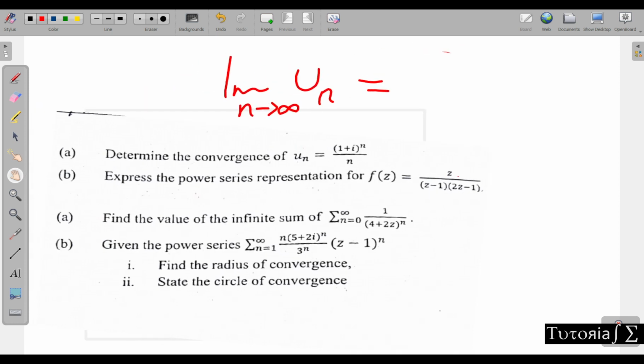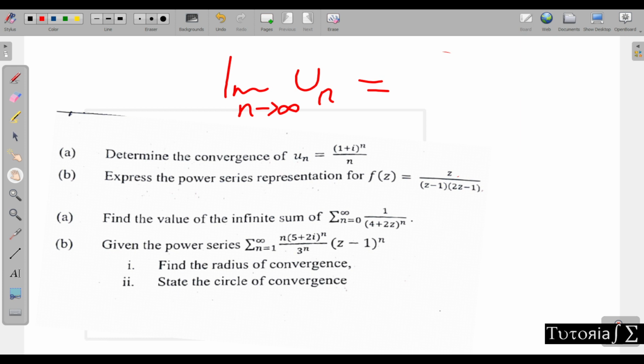But if you use the ratio test or the root test to determine if a sequence converges or diverges, what you are looking at is called conditional convergence, because you are looking at the absolute value of that sequence.